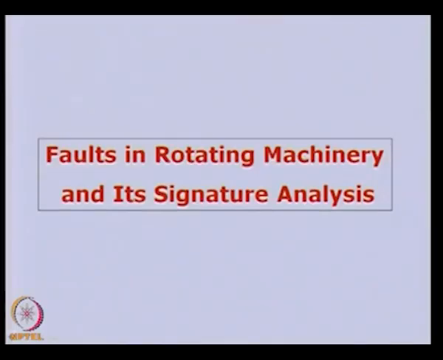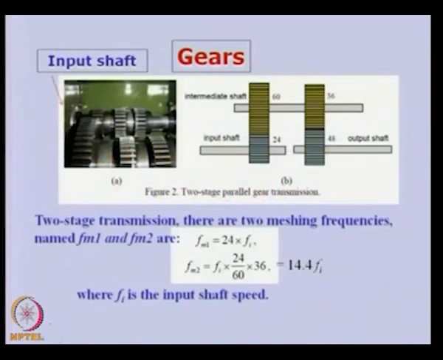So in this particular case, we have a double stage gear. You can see this is the input gear, and this is the line diagram of that gear. On the input shaft, there is a pinion with 24 teeth, and then this is a gear with 60 teeth. Then the second stage, in which 36 and 46 are the numbers of teeth.